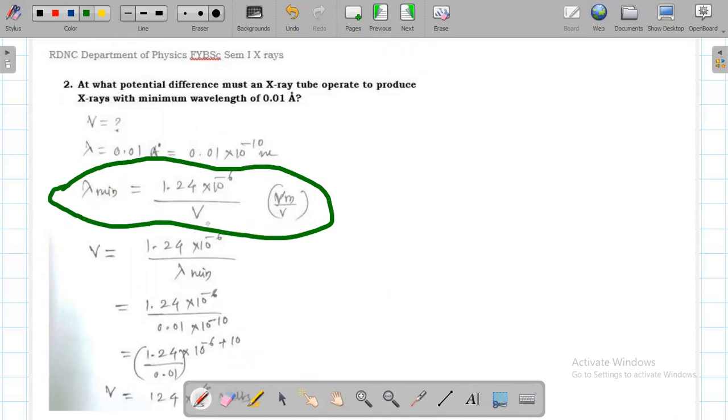Therefore, 1.24 upon 0.01 into 10 raised to minus 6, and this minus 9 becomes plus 9, and therefore V is about 124 into 10 raised to 3 volts.